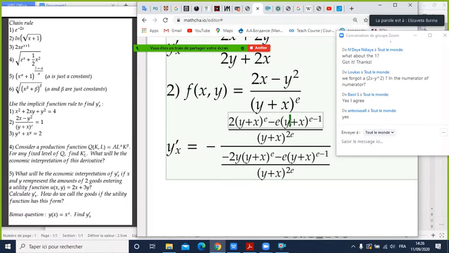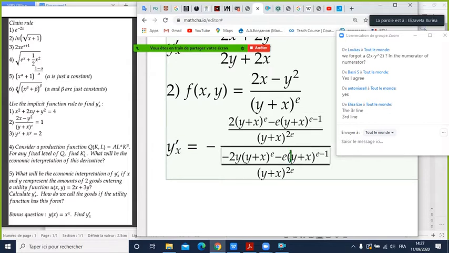In the numerator of the numerator, it's this one. Wait, I'm getting there. Third line is this one.